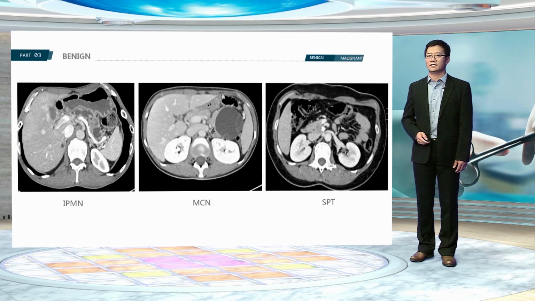We can see a cystic neoplasm at the tail of the pancreas. Also, there is a septated appearance. The last one is SPT, solid pseudopapillary tumor. We can see a tumor at the uncinate process, also a calculus there.